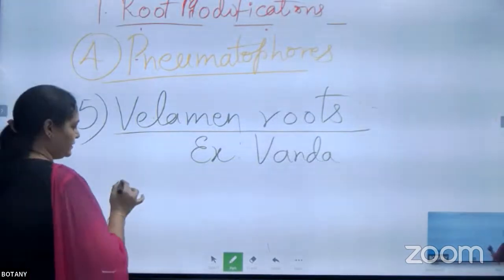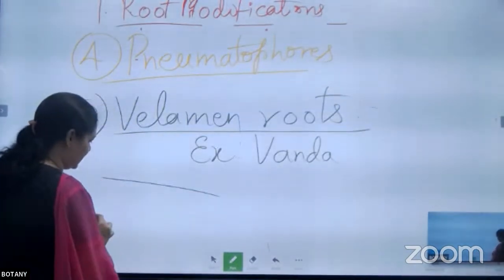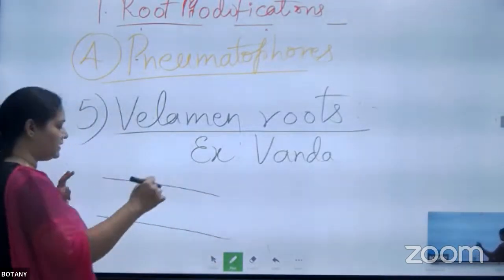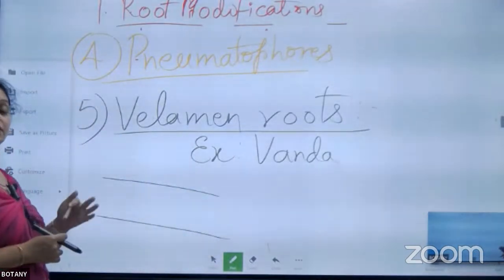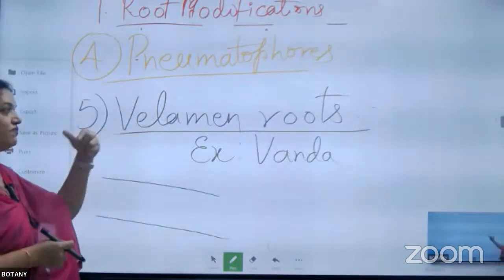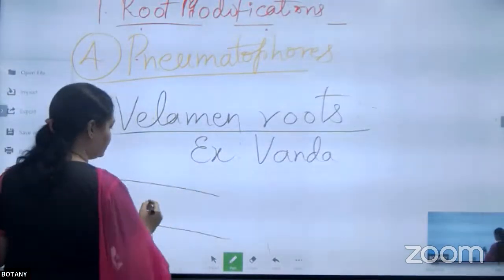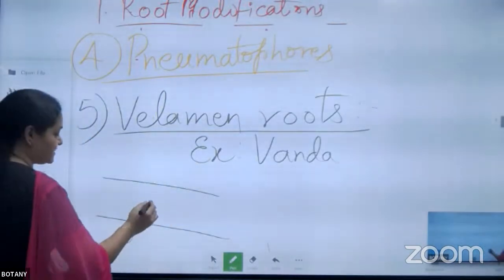Here only two sentences, but that's a very easy one, where we can score 8 out of 8 marks for this question. But you need to follow simple logic. These plants, some plants will arise on the big branches of big trees to get proper sunlight for their photosynthesis. That is the velamen roots. Example, Vanda. So in this, two types of root systems can be seen.